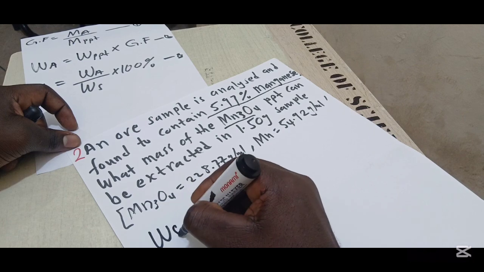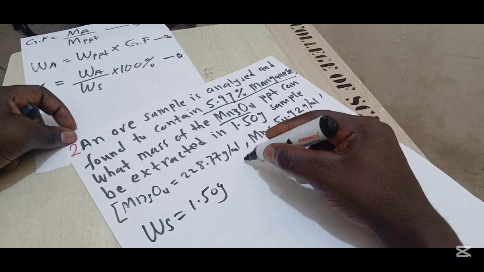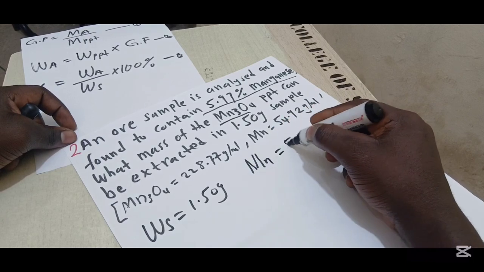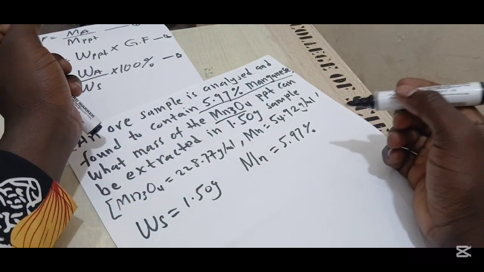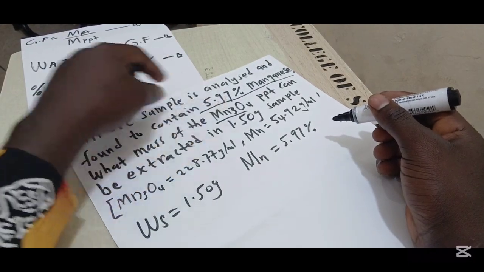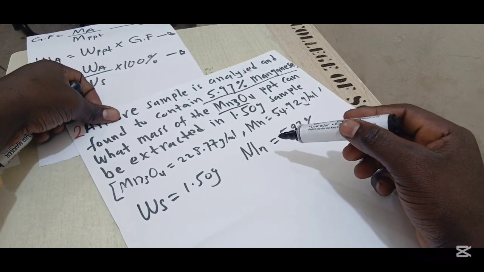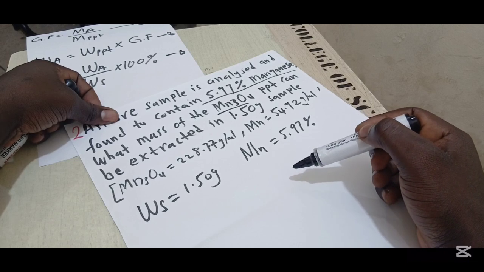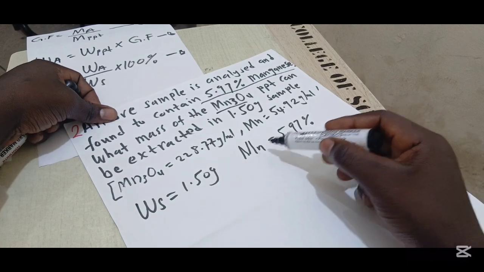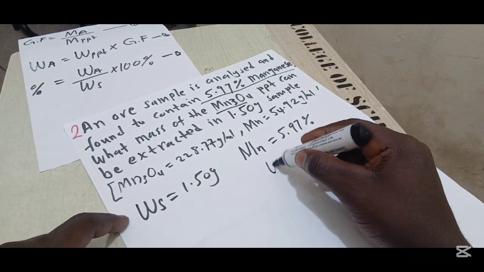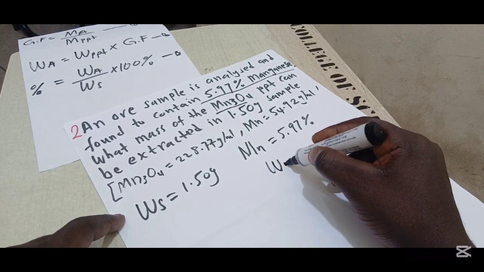So the weight of our sample here is 1.50 grams, and we have the percentage of manganese given to us to be 5.97%. Now, before we can calculate the weight of Mn3O4, we have to know the weight of Mn, so we can just go ahead and use the percentage of Mn given to us to calculate the weight of Mn.